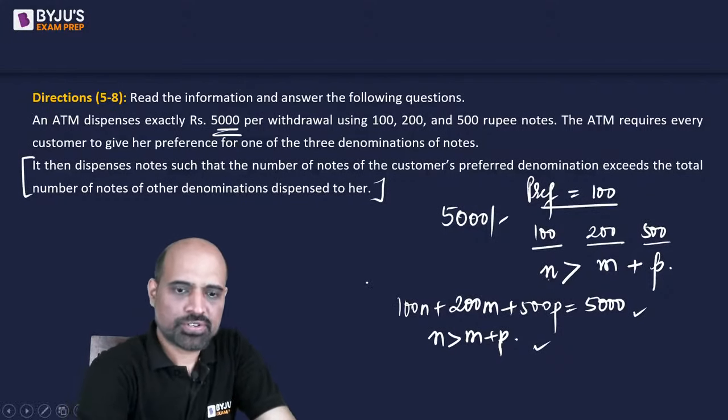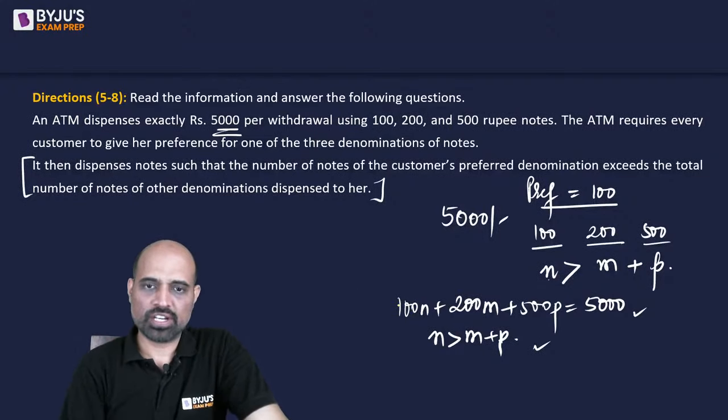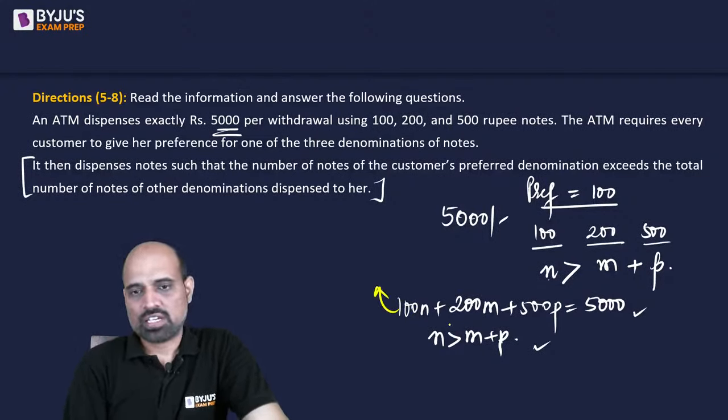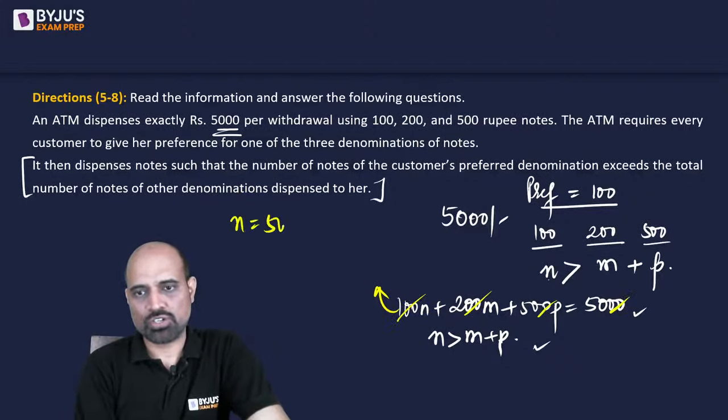Well, let's try if it is possible to use this inequality and equation. Suppose I take care of the two zeros from here. So we can say that n is equal to 50 minus 2m minus 5p. And if we put it here, then this turns out to be greater than m plus p.